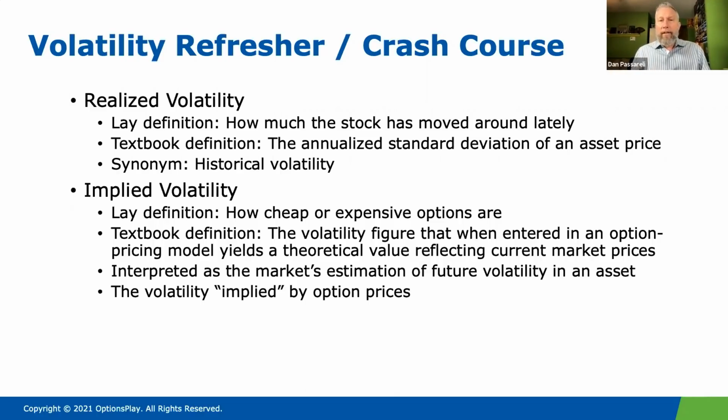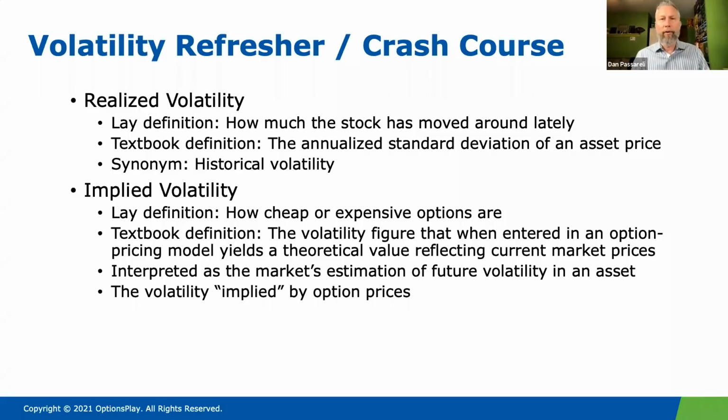Realized or historical volatility is the very intuitive one. When you think of the word volatility, that's what you're thinking about, right? It's how much the underlying stock has moved around lately. And we have to measure that in math. We can't just say, oh, kind of a lot, oh, not too much.